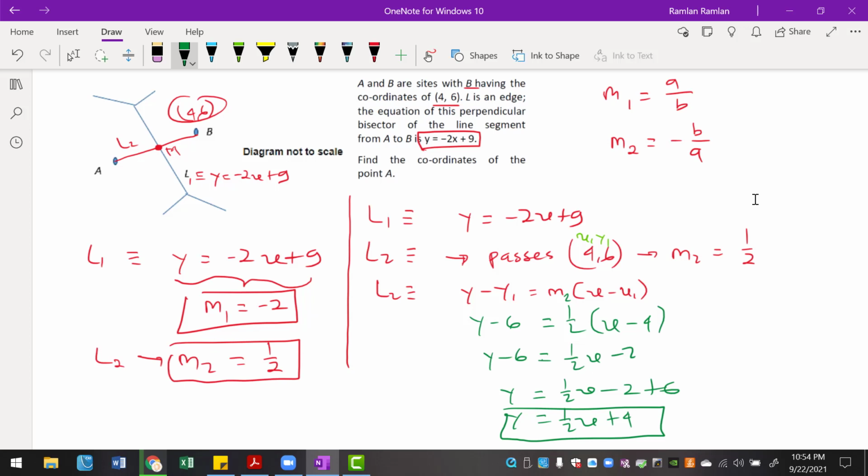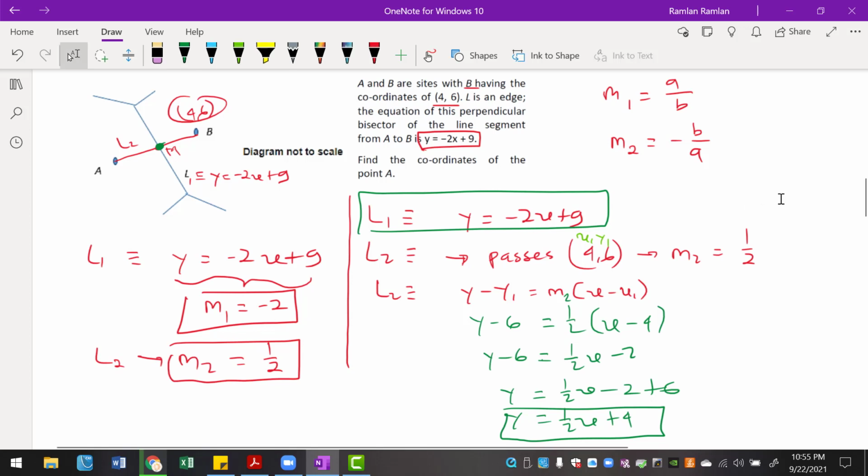So what can we do with this one and this one in connection to the M? Because we know that the M here is the intersection, it means that this point is the only point that passes through both L1 and L2.